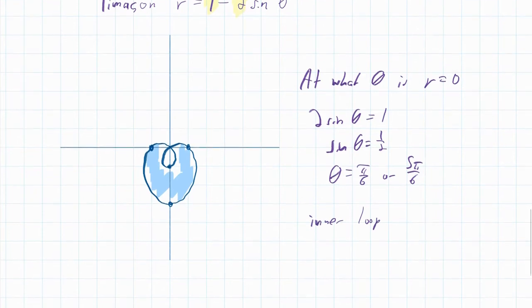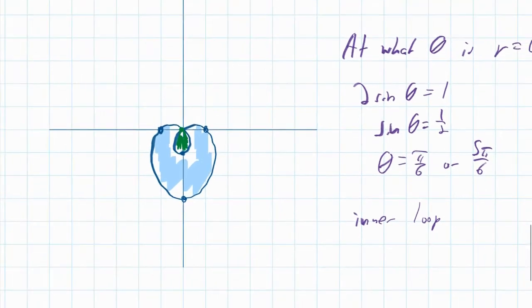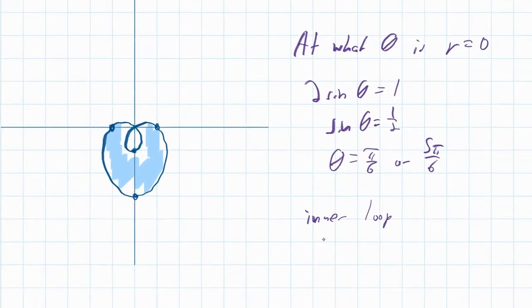So the inner loop area is basically the 1/2 r squared d theta thing. Let's look at how this is tracing. This is pi over 6, and then it traces an area here, and this is 5 pi over 6. Remember we started here, we moved, and then it passes theta of pi over 6, then theta of 5 pi over 6.